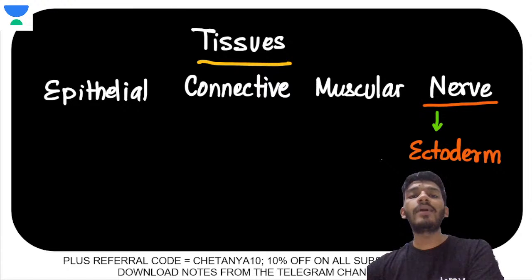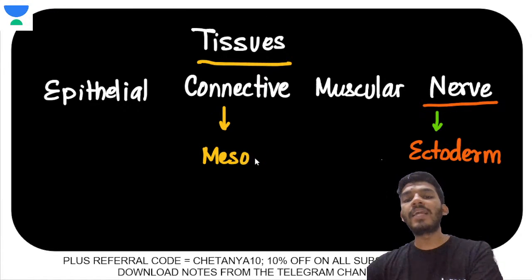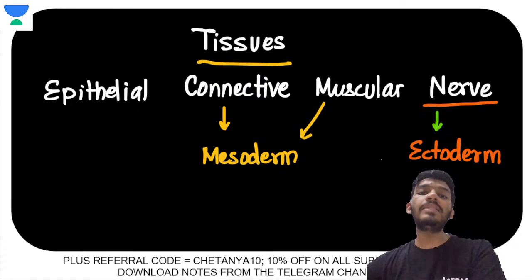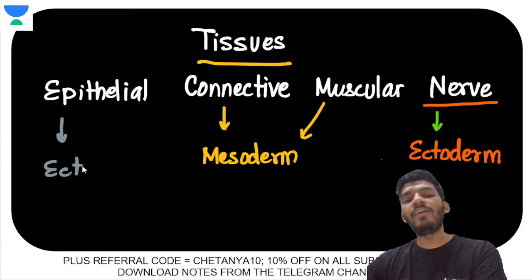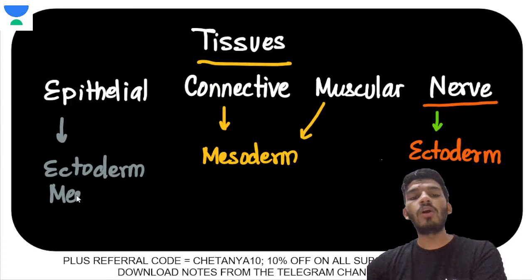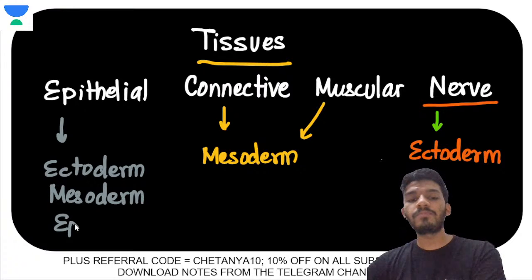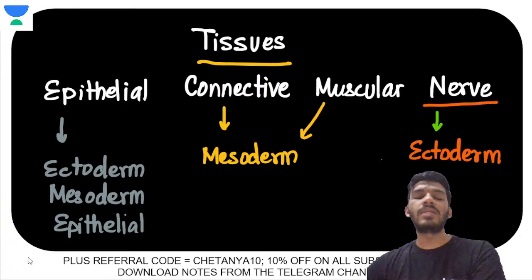Okay, you all know connective tissue is mainly derived from the mesoderm. The muscular tissue is derived mainly from the mesoderm. Epithelial tissue can be derived from ectoderm, mesoderm, or endoderm. There are no restrictions on epithelial tissue. Is that clear? Right, that is one thing.